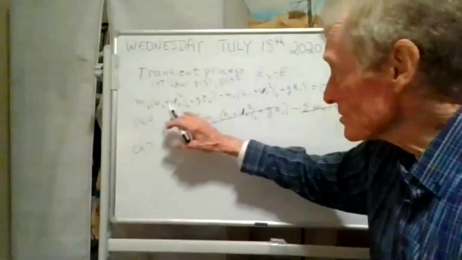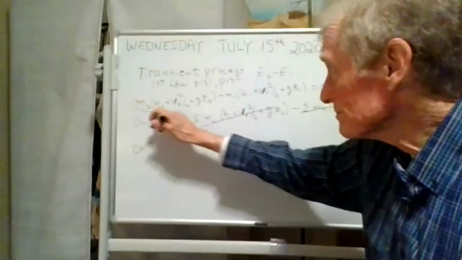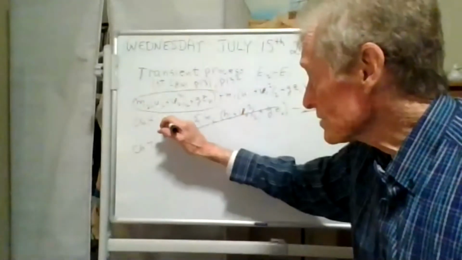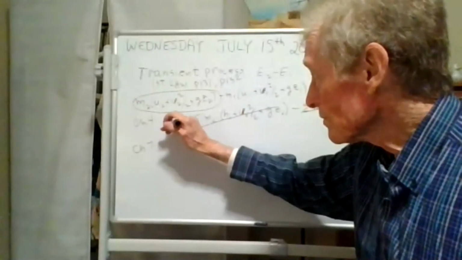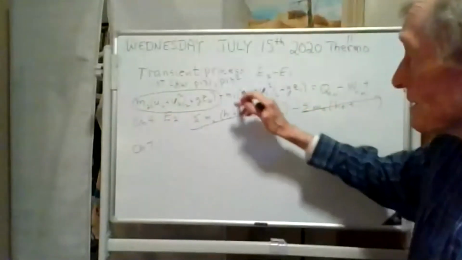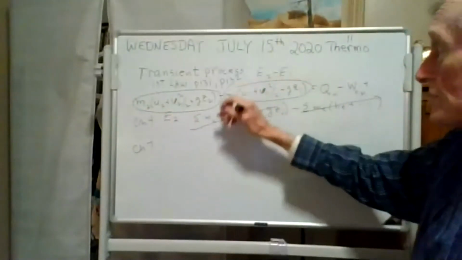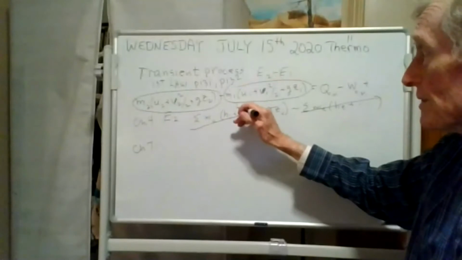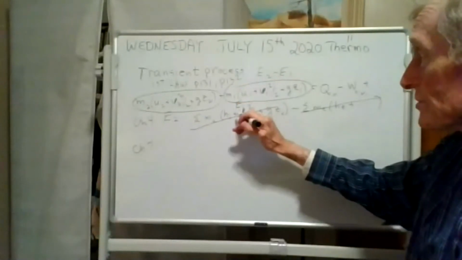And you know what all this is? It's just a big fancy name for your final total energy, and all this is a big fancy name for your initial total energy.